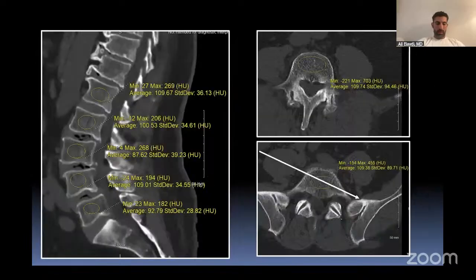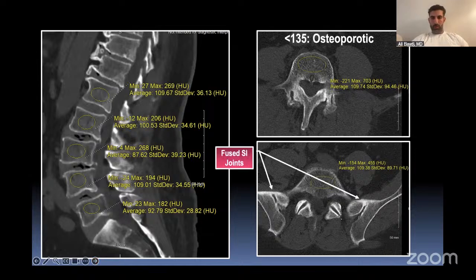These are his HUs. You could see at L3, he is an average of 87. So we consider anything under 135 osteoporotic. He also has some fused SI joints.